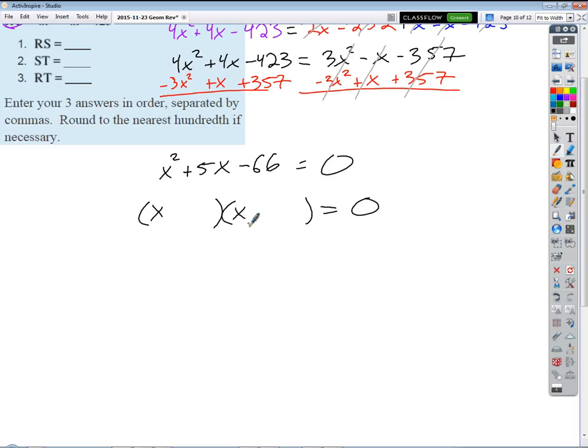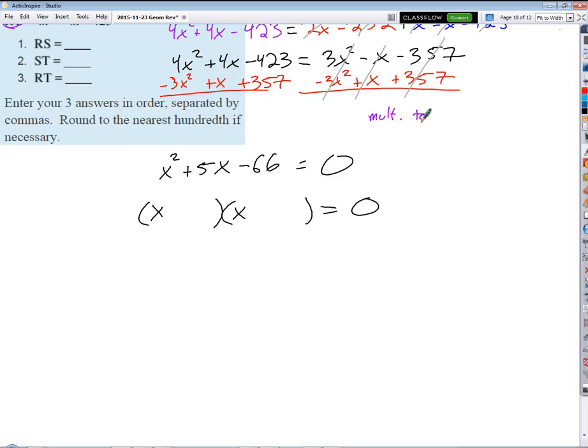So I've got two numbers that multiply to negative 66 and add to 5. So let's find those. Multiply to negative 66, add to 5.